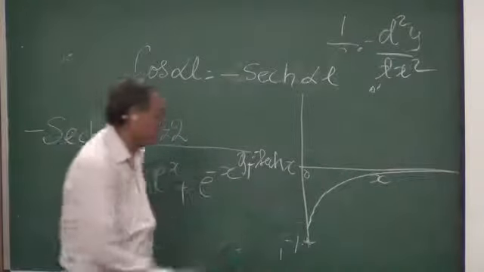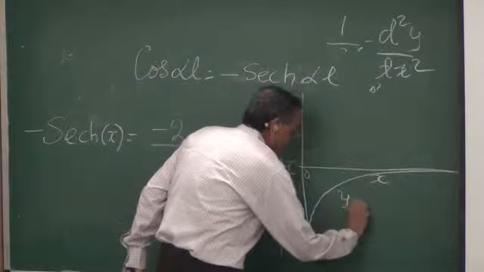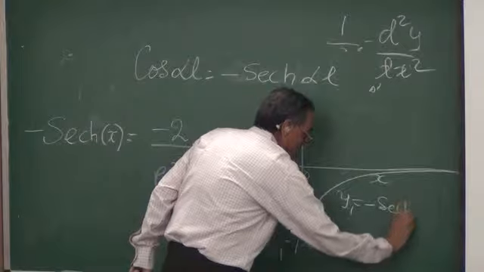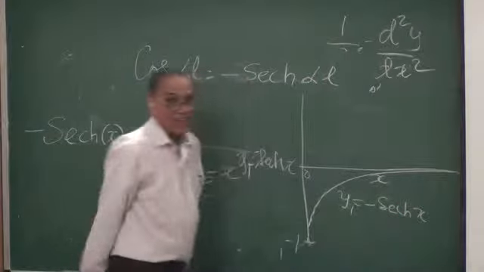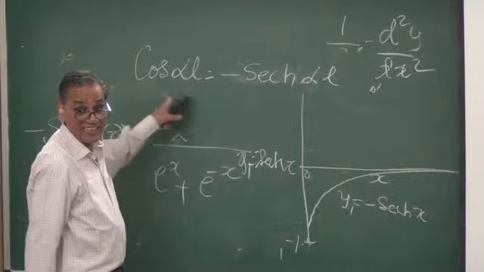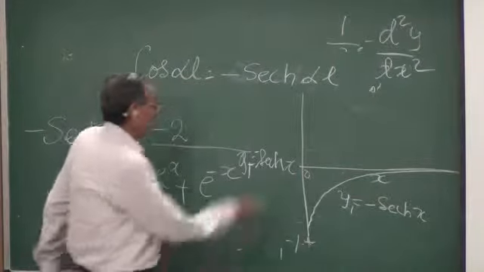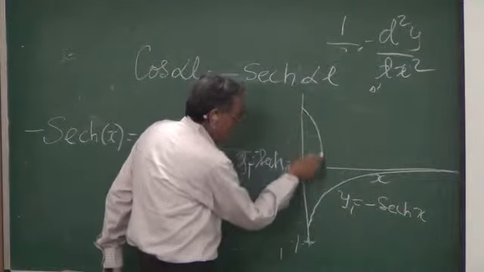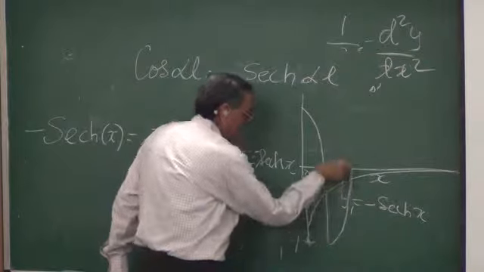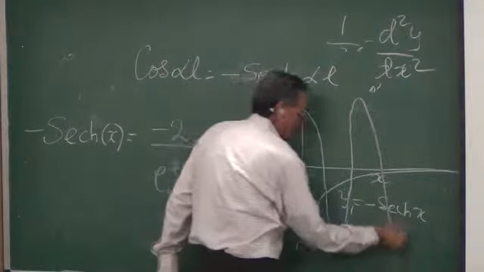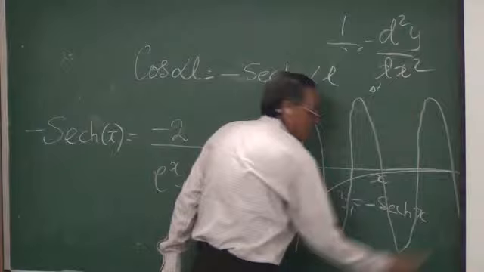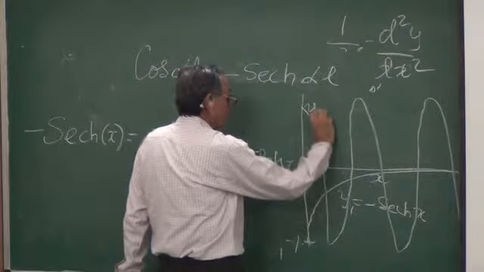So this will be the graph y1 is minus sech x. The right side is cos x. Cos x will be 1, then it will go to 0, it will go up, it is an oscillating function. So this is y2, cos x.